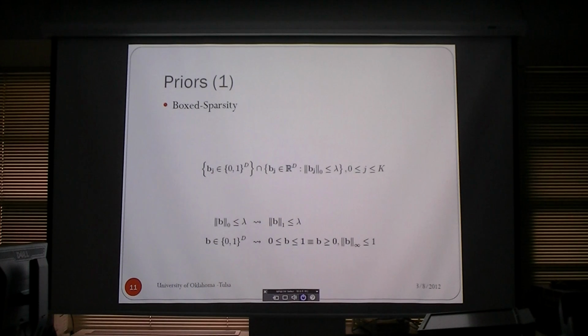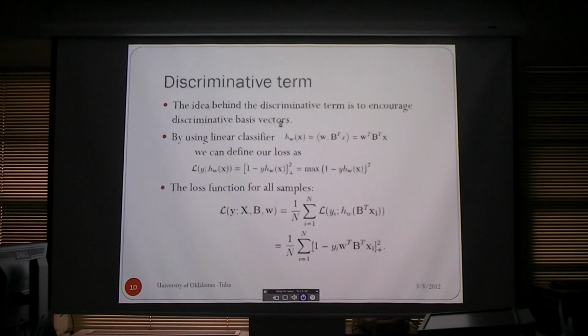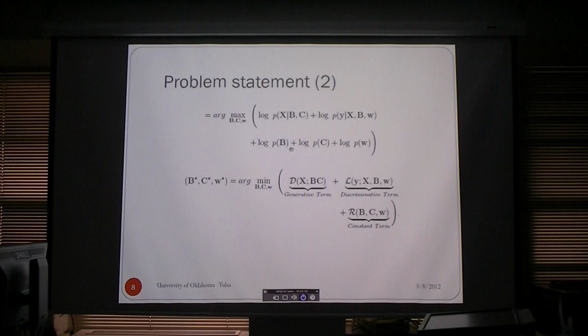And for the priors: in the objective function we had three parts. The first part was the generative term that I explained, the second was the discriminative term, and the third was the constant term.